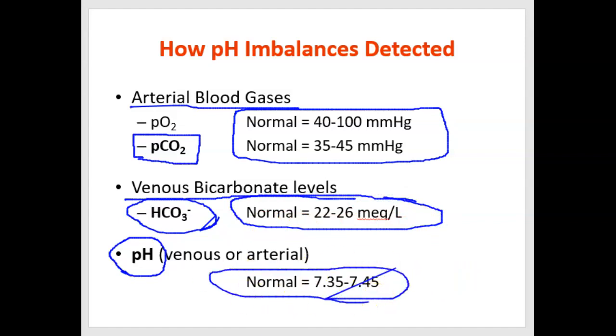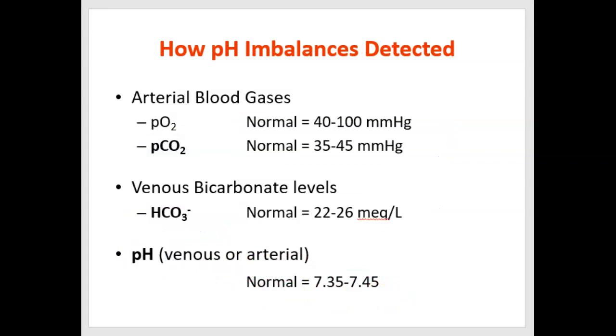And what we're going to see is that in uncompensated disorders that have caused a pH imbalance, the pH will go pretty low. We'll say like 7 or 6.8. Death happens pretty quickly, actually.